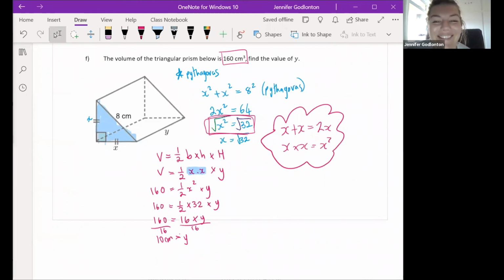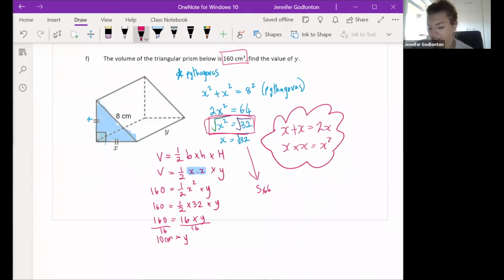It's quite cool, hey? So if you had worked out x as a decimal, for example, I think you would have gotten 5,66, somewhere around there. So if you used 5,66, your answer might be a little bit of a decimal, and that would have been okay. I would have given it to you if you used the decimal, and that's fine. So let's quickly figure out what that would have been.